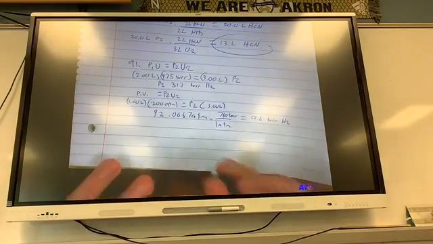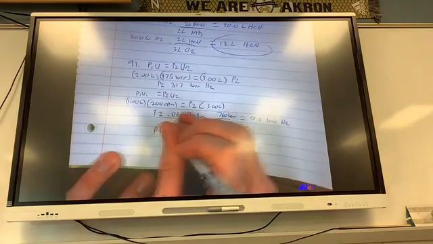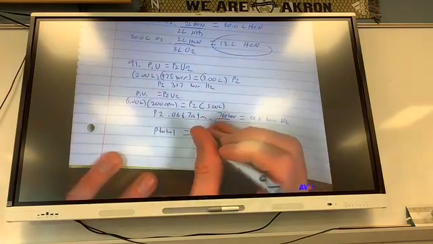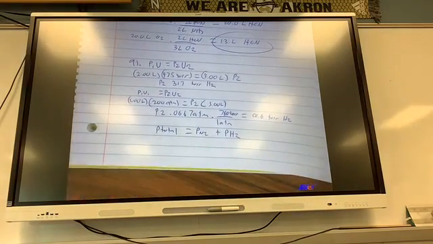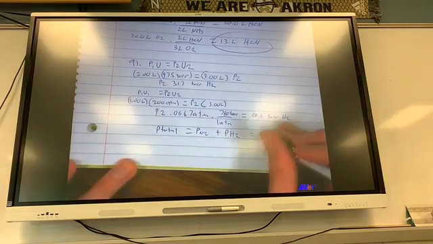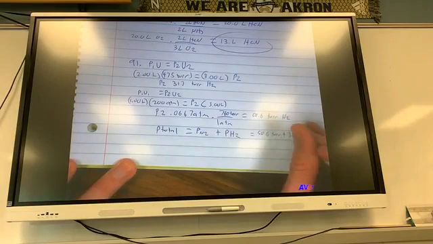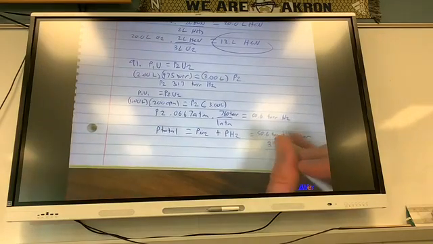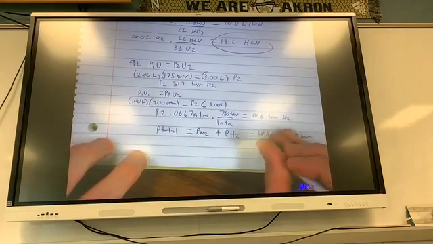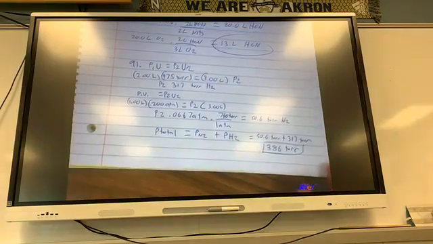We know P total would equal PN2 plus PH2. Add them together. So that's going to equal 50.6 torr plus 317 torr. And I got 368 torr for my total pressure.